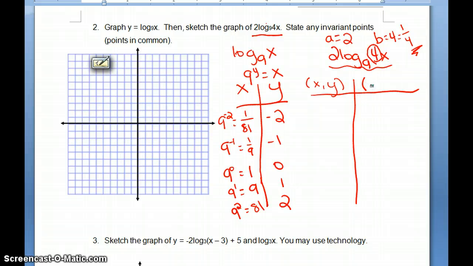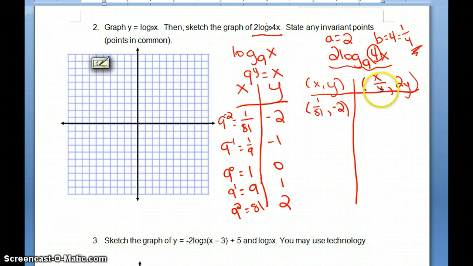Our x value is affected by b, so we have x divided by b, and this a value here, 2, is what affects our y, so we have 2y, and that's what our coordinate is going to be. We're going to take these exact same x and y coordinates and apply those transformations. That's along the lines of where I was going with those table values above. So we're going to take 1 over 81 and -2.